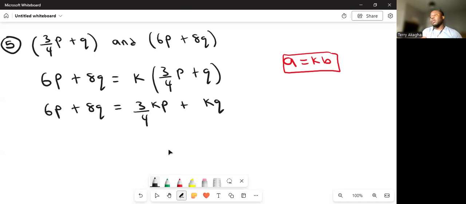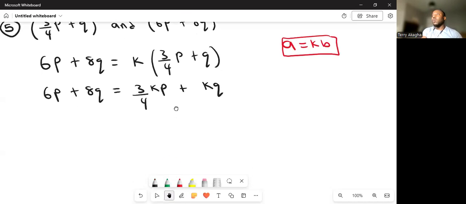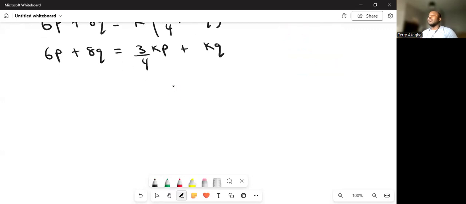Then for this to be equal, that means we need to know that 6P must be equal to 3/4 KP, and also 8Q must be equal to what? KQ.